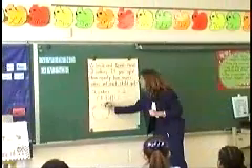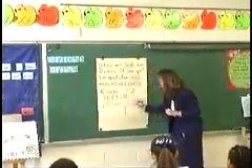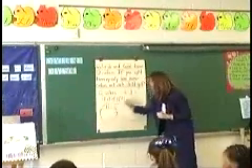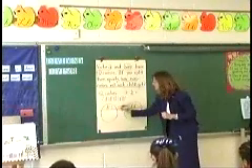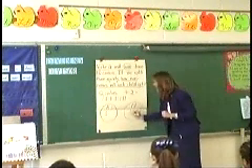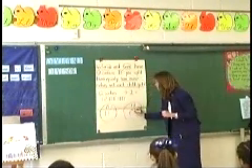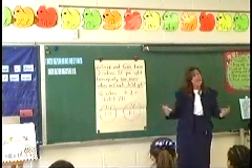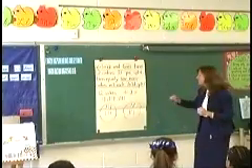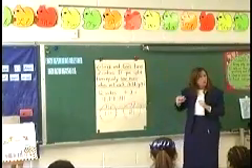Okay, I'm going to put 1, 2, 3, 4, 5, 6, 7, 8, 9, 10, 11, 12. So that's where our dividend is, a total of 12 cookies.